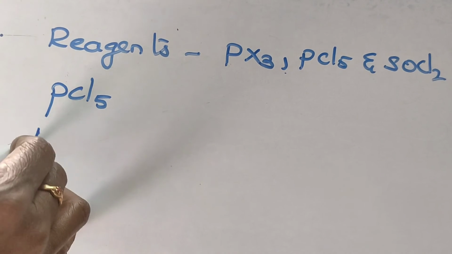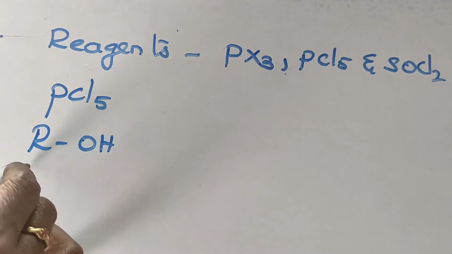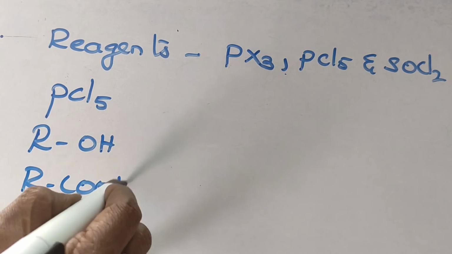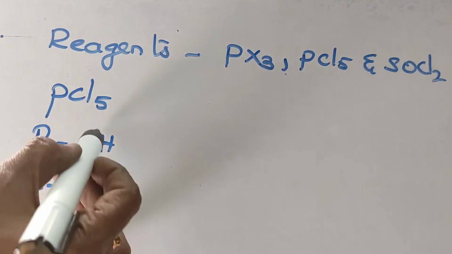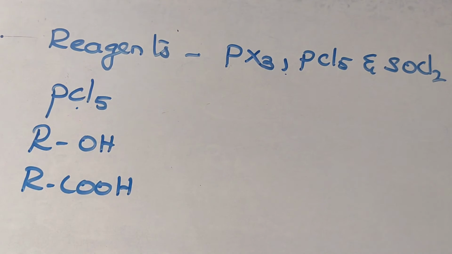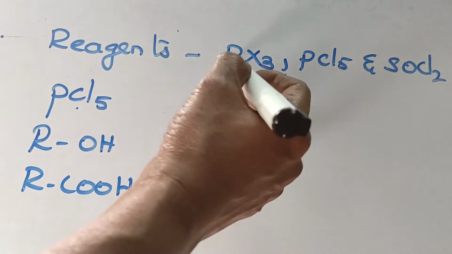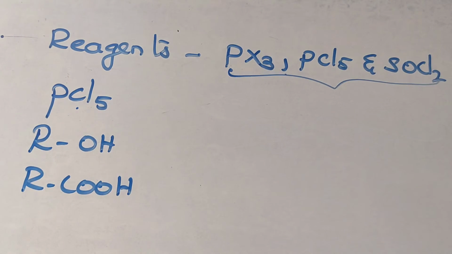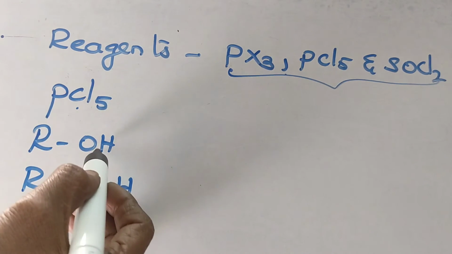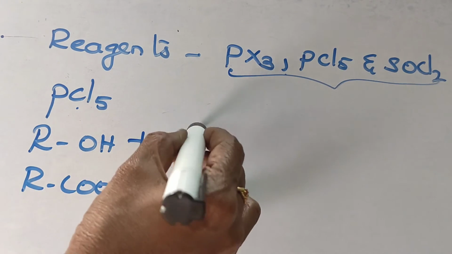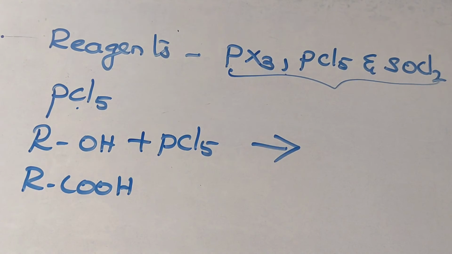This also is going to react with ROH and RCOOH. Only two types of reactant it is going to react. All the three react with the same two types of reactant. That's why I have combined all three together. So here ROH plus PCl5 gives RCl.